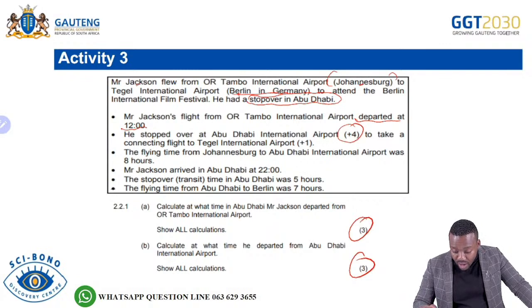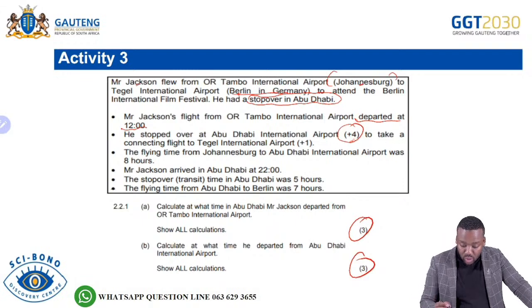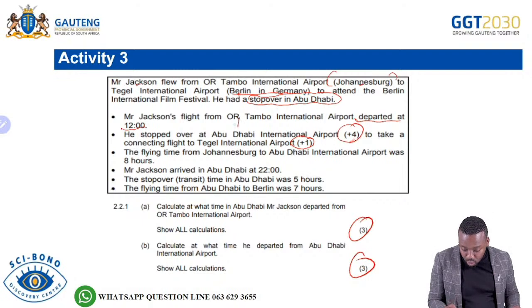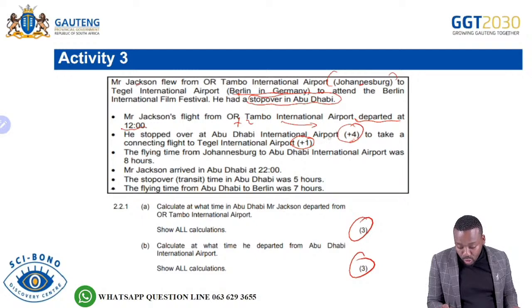They are giving us the time zone where Abu Dhabi is. To take a connecting flight to Tegel International Airport, which is on +1. So this person moves from South Africa +2 to +4, then he must take a connecting flight to +1.